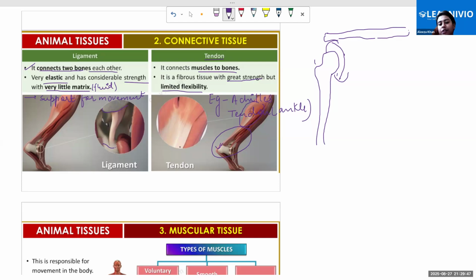Is there anything which you have not understood up till now? All the topics are clear to you? Yes, ma'am. It's very easy. No, ma'am.